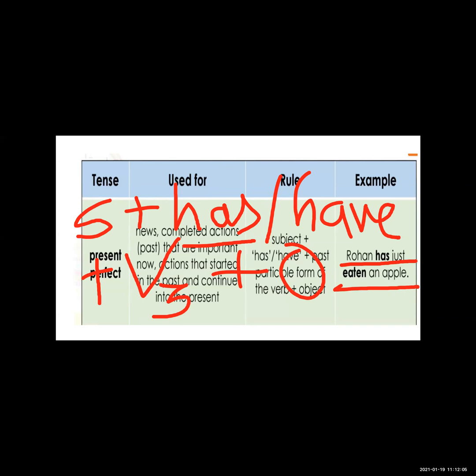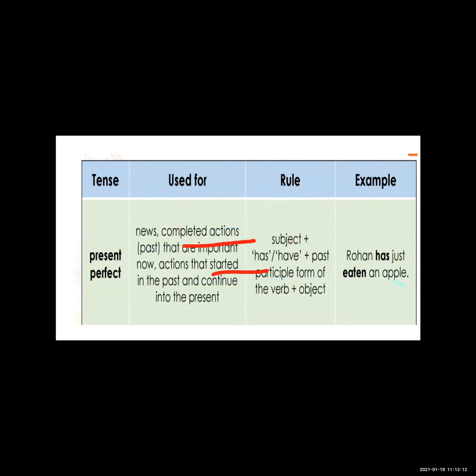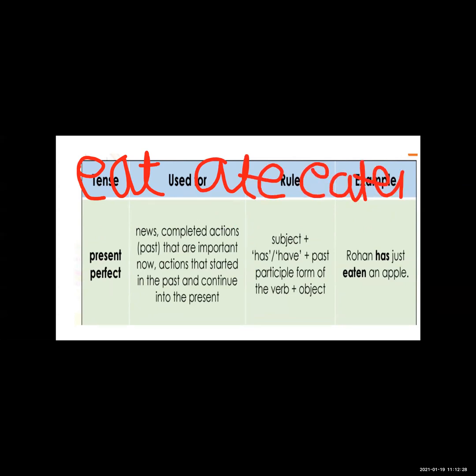Now, in short, I am going to tell you the third form of verbs, the past participle form. Take the example of eat: the second form is ate and the third form is eaten. Next, go, went, gone.